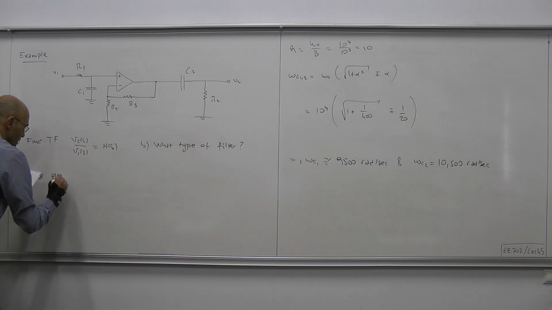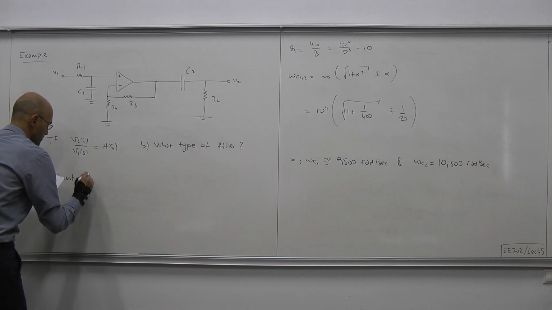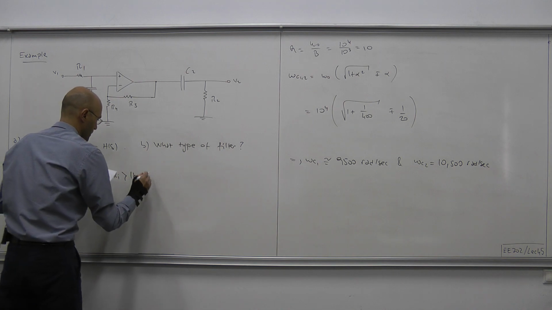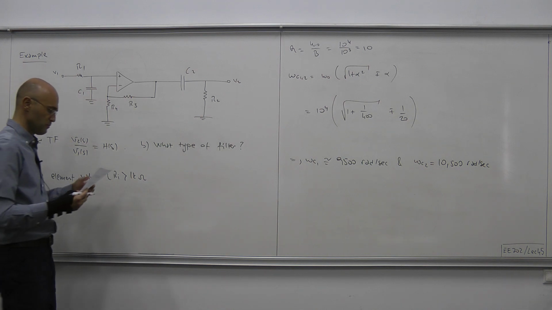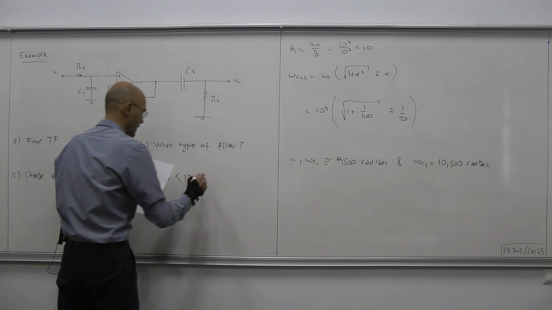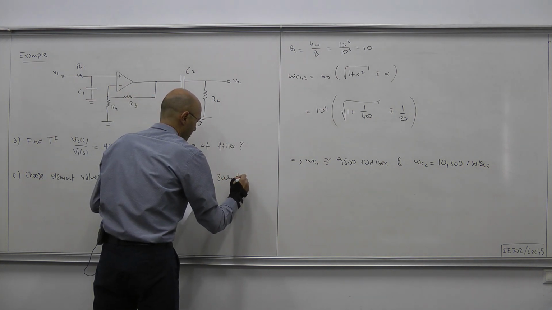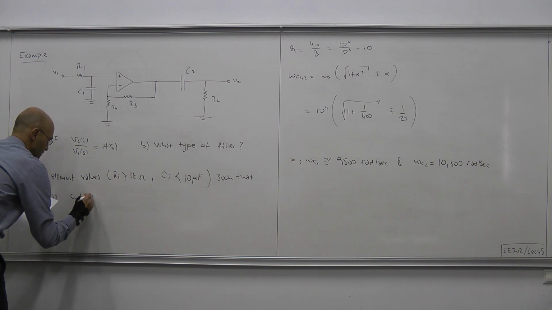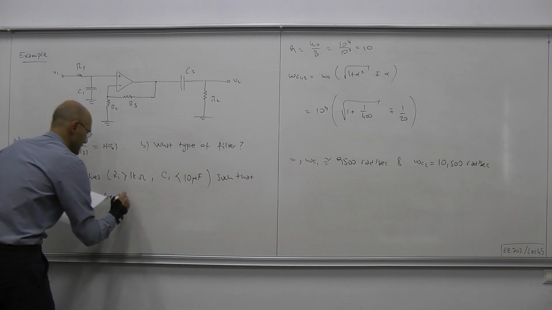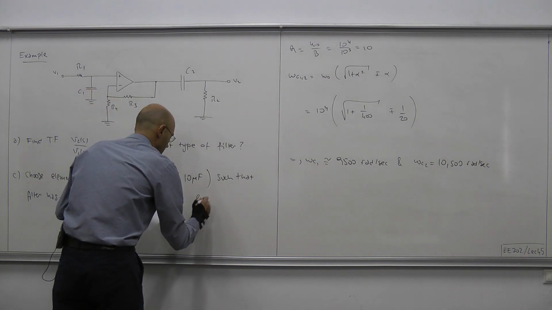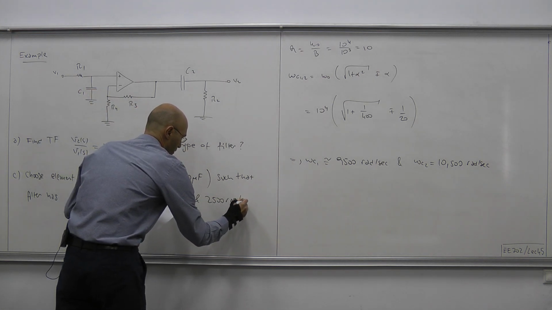Choose the parameter values Ri, the resistances no less than 1 kilo ohms, and the capacitances no larger than 10 microfarad, such that the filter has cutoff frequencies at 100 radians per second and 2500 radians per second.